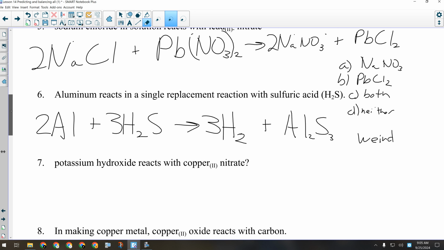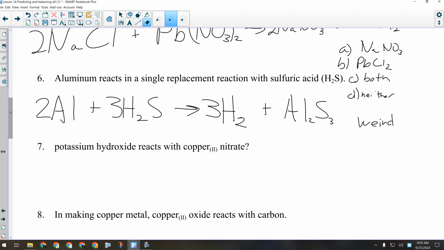Okay, and then number 7, potassium hydroxide, so K with OH, okay, that's already swapped and dropped, -1 plus 1, right, with copper 2 nitrate.